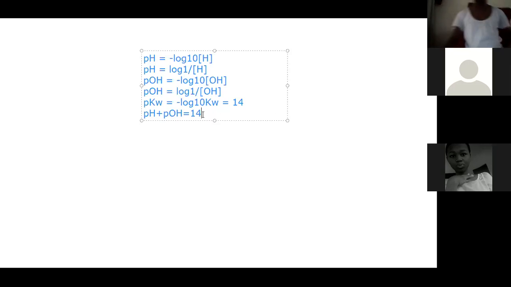0.0003 molar. M, that's capital M. Calculate the pH of aqueous solution of 0.0003 molar hydrogen ions. Are you there?